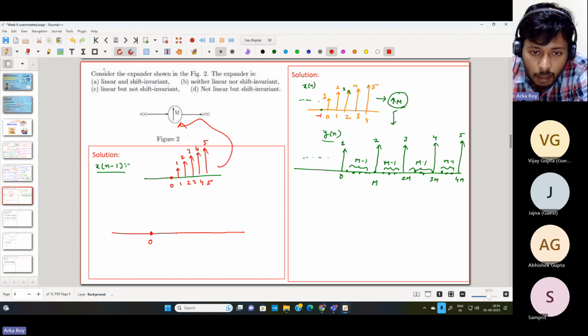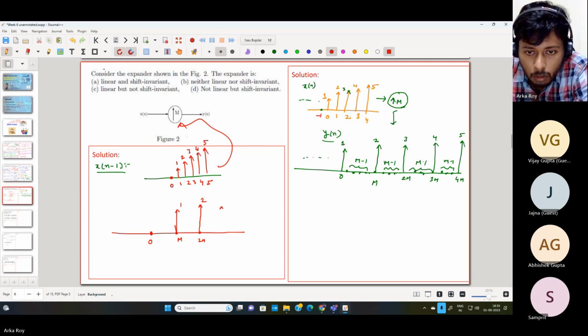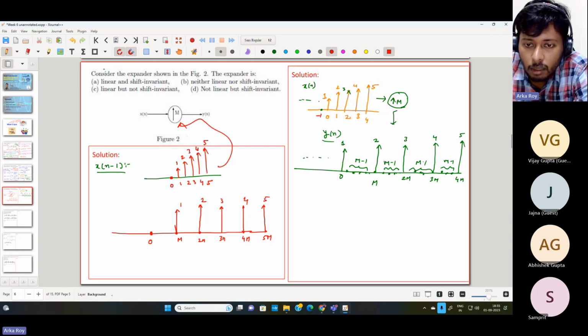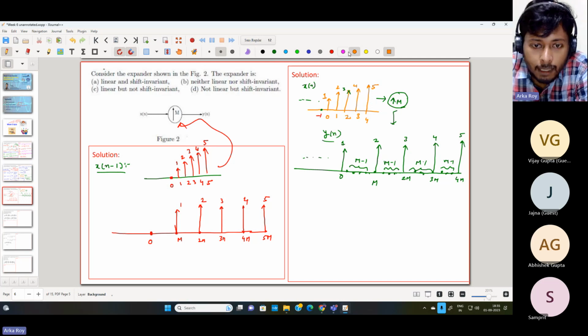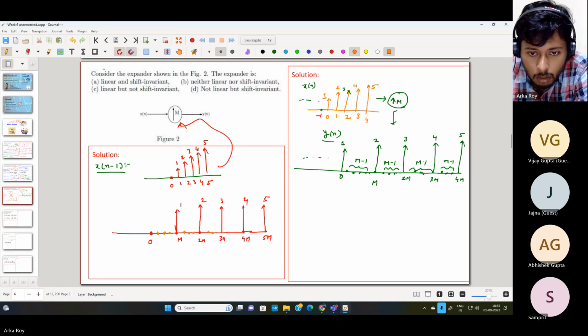Then at the Mth location, I will get 1, at 2M it will be 2, at 3M it will be 3, at 4M, and at 5M it's 5. And in between, there will be M minus 1 zeros.